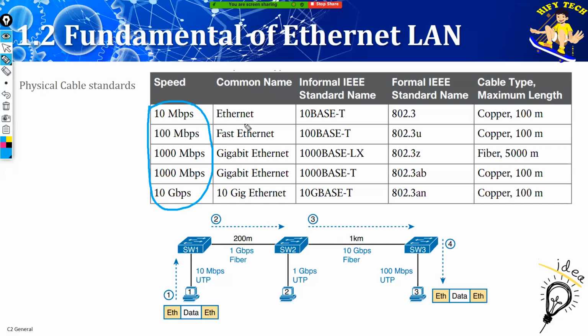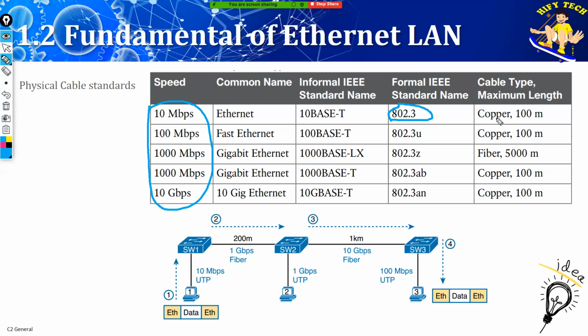And the common name here, we call this Ethernet. 100 MB we can call Fast Ethernet, and then Gigabit and 10 Gigabit. And in this column, these are the standard names, the IEEE naming convention, 10BASE-T, 100BASE-T. So this is a commonly used naming convention as well. And we can use this name as well, 802.3. This is the same as 10BASE-T.